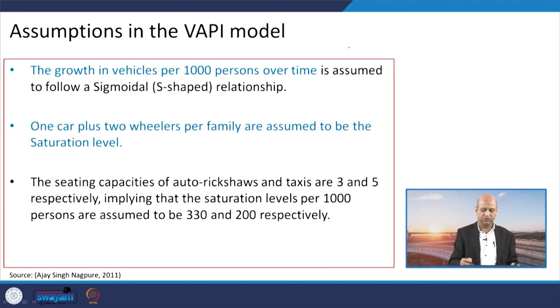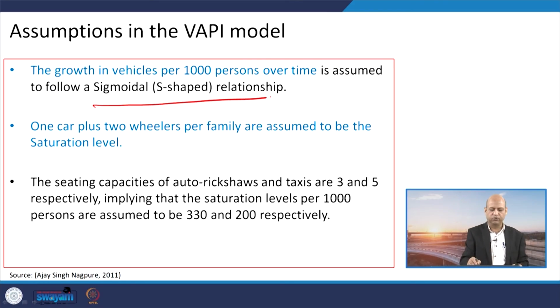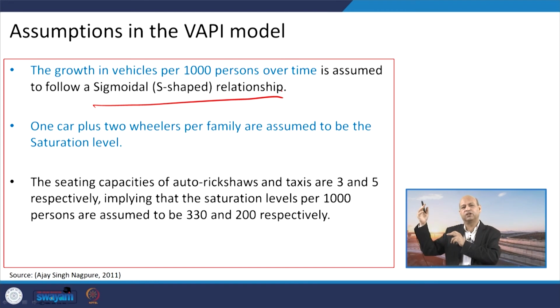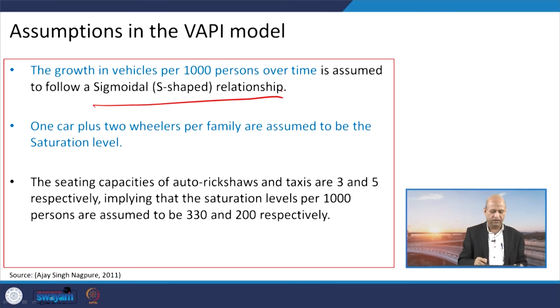These are the assumptions we are taking into this model framework. The growth of vehicles per 1000 persons is assumed to follow a sigmoidal, S-shaped relationship, so that we can estimate at what stage the saturation value will be reached. Then one car plus two-wheelers per family was assumed as a kind of average saturation value, meaning not everyone will go for more cars, although some families may have two cars and some families do not have cars.